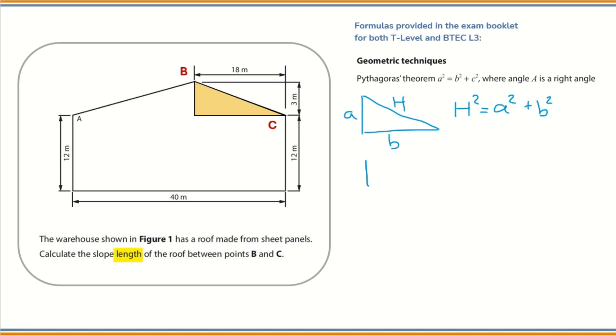So in the triangle that we have in the problem, this is going to be the hypotenuse. This side is going to be 18 meters, and the other side is 3 meters. So hypotenuse squared equals 3 squared plus 18 squared.